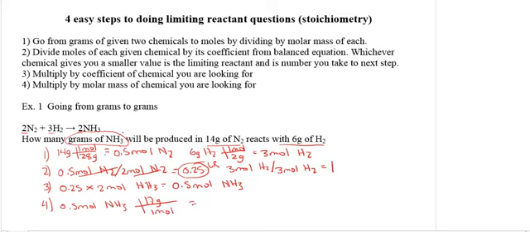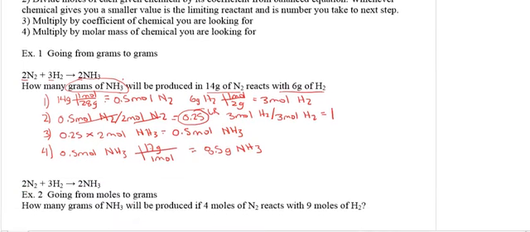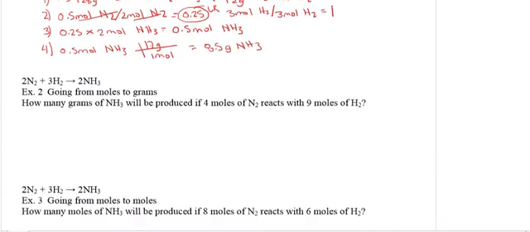That gives me about 8.5 grams of NH3, and I'm done. So this is basically telling you that if you react this amount of nitrogen with this amount of hydrogen, you could only produce 8.5 grams of ammonia. The reason is that your nitrogen is going to run out first, and as a result, you can't produce any more once that's all used up.